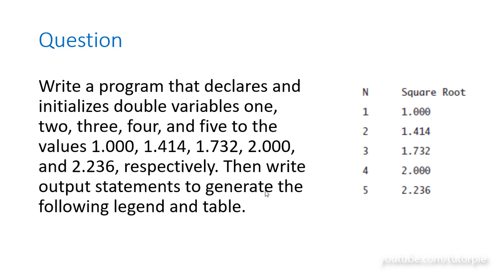It's not a complicated program because you need to just declare and initialize 5 variables, and then assign those values to respective variables, and then just use cout statements to create some output. So let's do it.